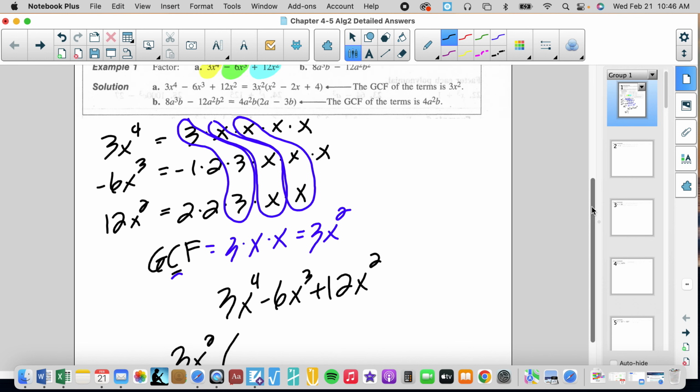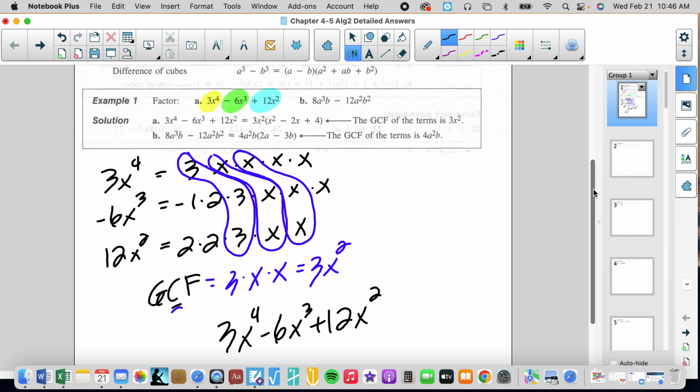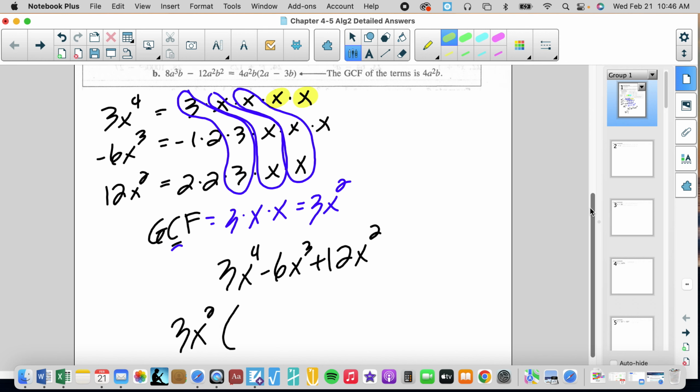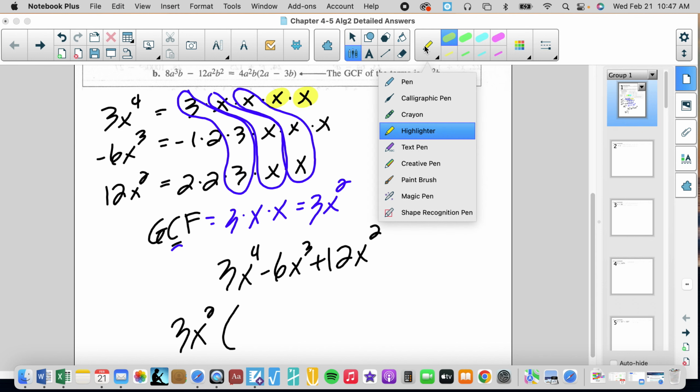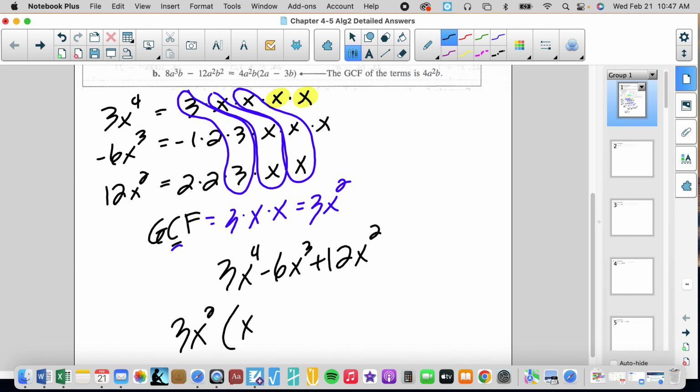Here's the cool thing about our prime factorization. Whatever is left, aka the leftovers, is what we are going to be left with after we factor it out. So there is an x squared. If we factor 3x squared from 3x to the 4th, we're left with x squared.